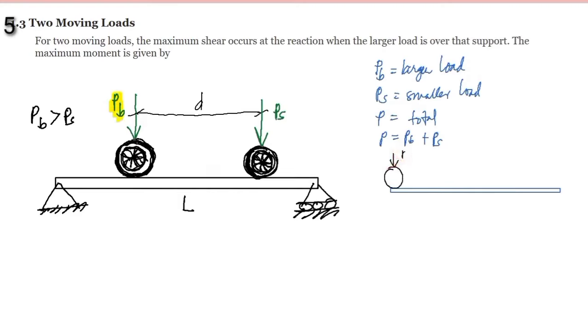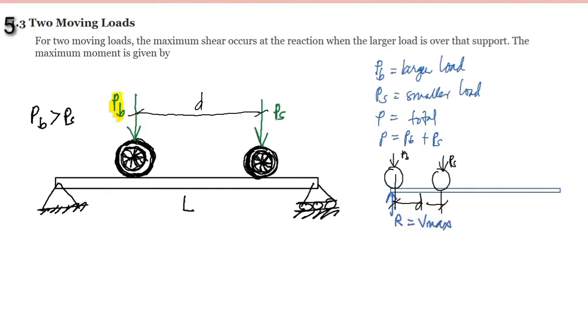So that would be the PB, and of course this distance does not change because the distance between the two wheels is fixed. So the other wheel, the smaller load PS, comes along. Now, just compute for the reaction at the support, and that reaction is just equal to the maximum shear.